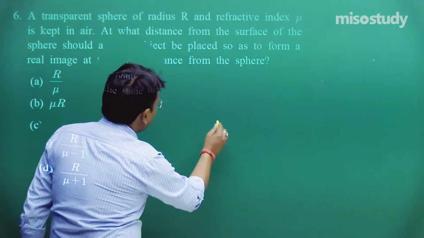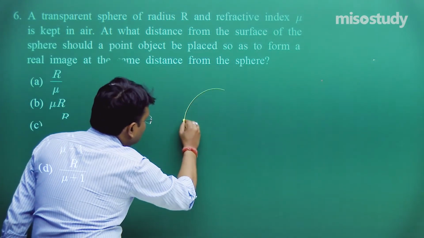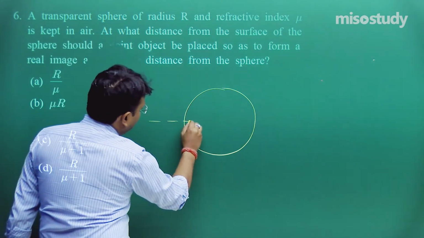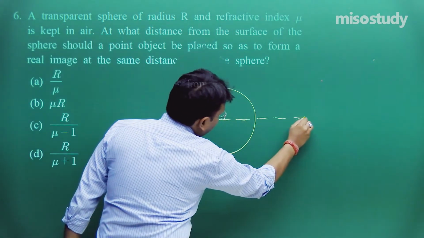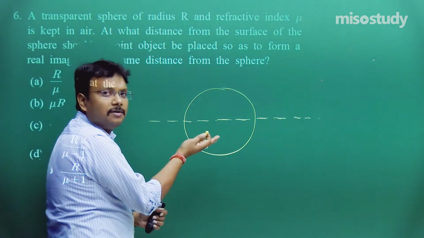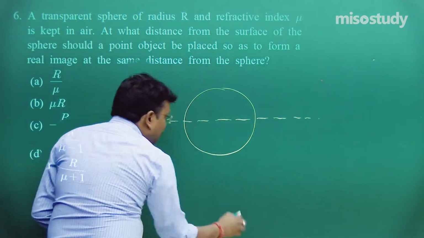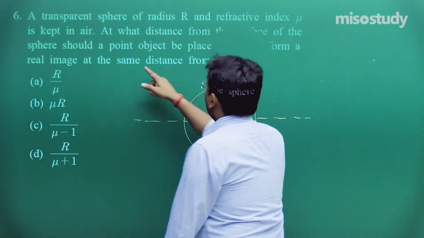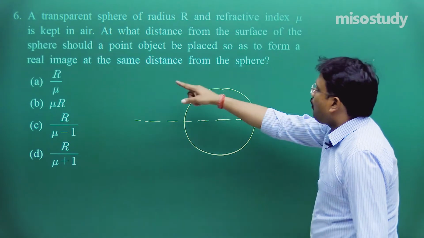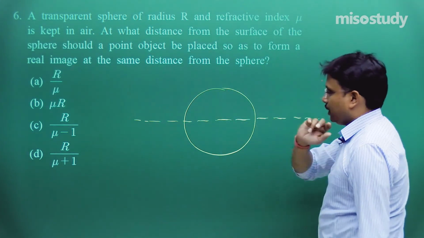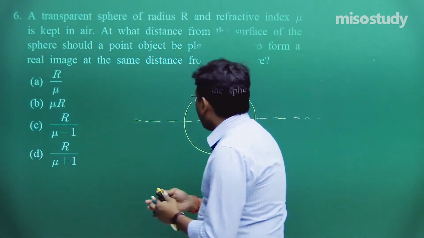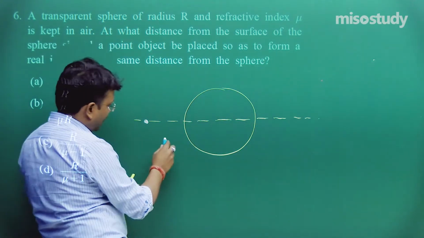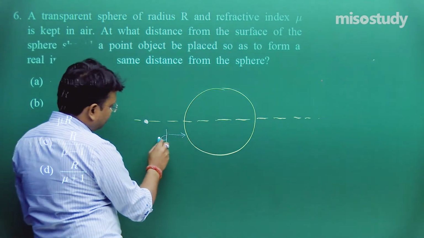Let us say this is the sphere, and this is the principal axis, the baseline. They said a point object so as to form a real image at the same distance. Let us say the point object is situated at this point, and this distance is d.